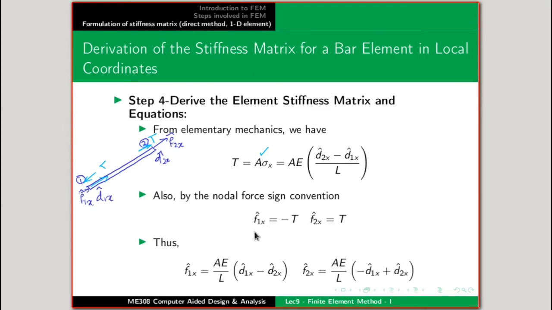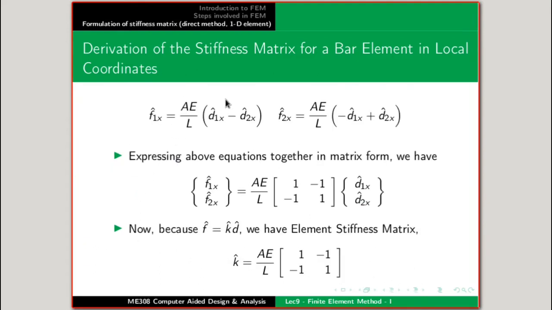So F1x is equal to minus T. On node 2, T is a tensile force in the same direction as F2x, so F2x equal to T. So F1x is equal to AE by L into (d1x minus d2x), and F2x equal to AE by L into (minus d1x plus d2x). So we have F1x and F2x.